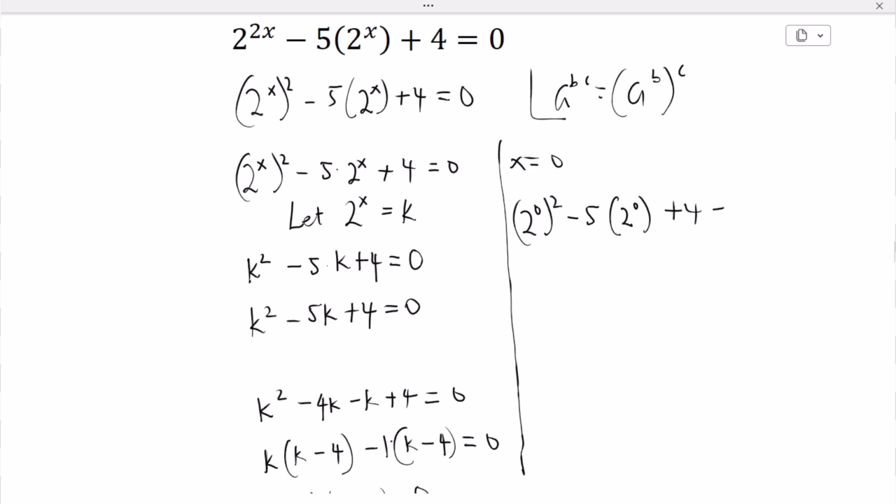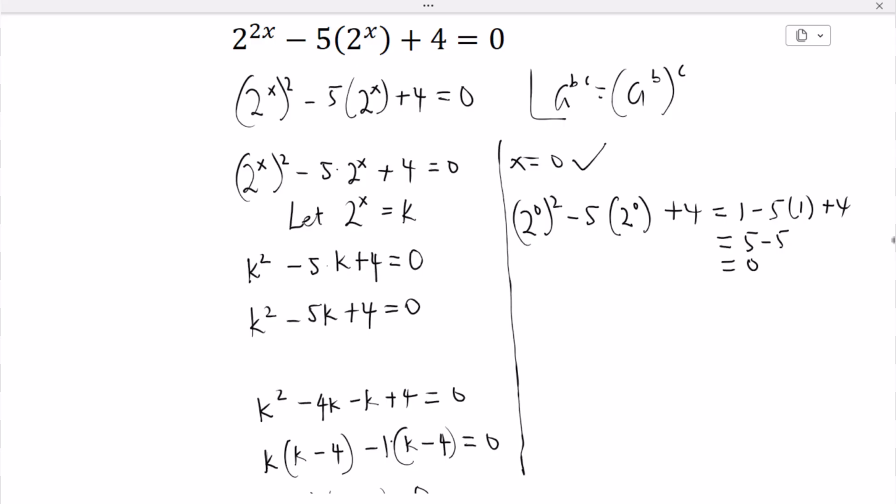And when we evaluate this, 2 to the power 0 is 1. 1 squared minus 5 multiplying 1 plus 4. When we evaluate this, we have 5 minus 5, which is equal to 0. So that means x equals 0 satisfies the equation. That is the first value.